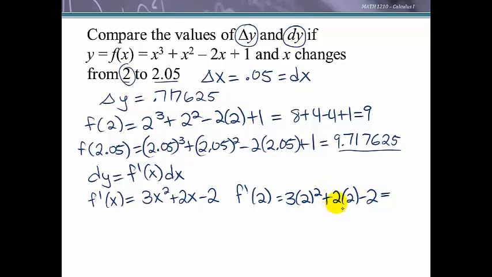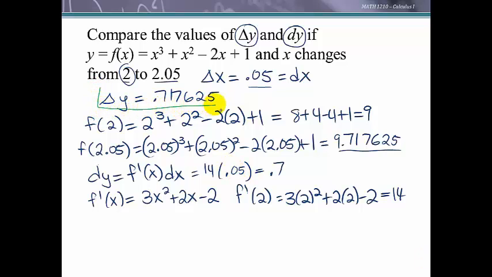So we've got 12 and 4, which is 16, minus 2, which is 14. So it's going to be 14 multiplied by our dx. Delta x and dx are the same, and that's 0.05. So it looks like we get 0.7.